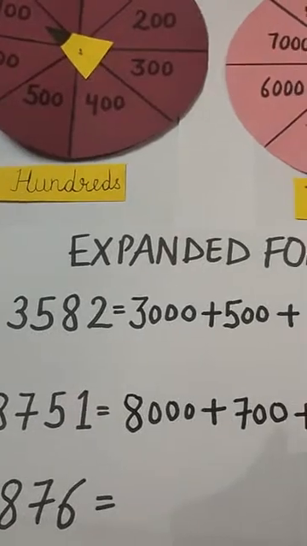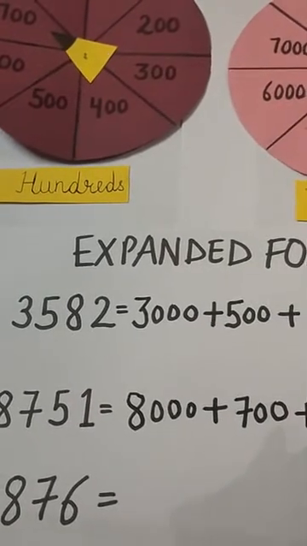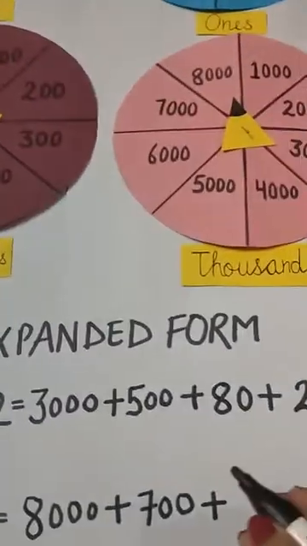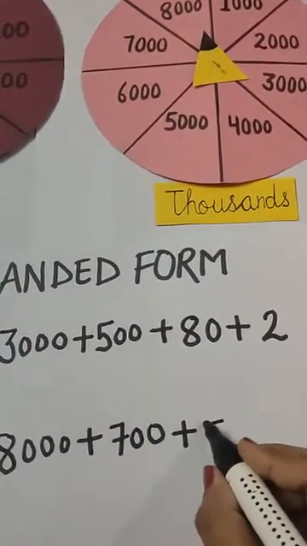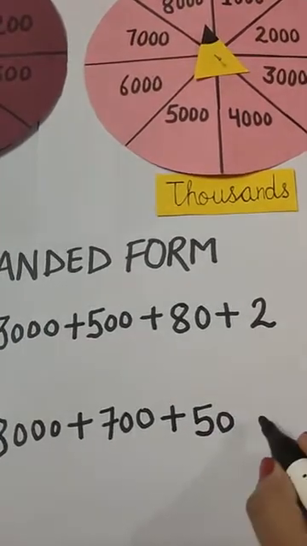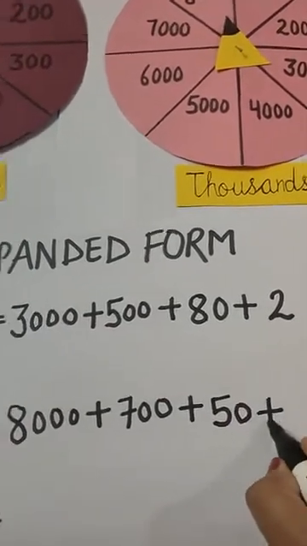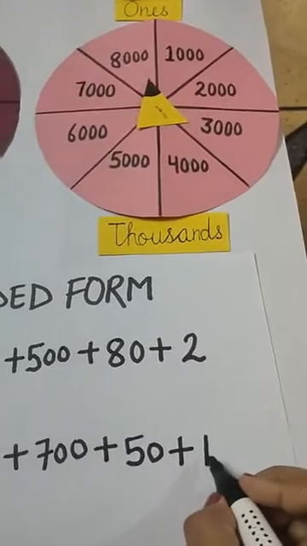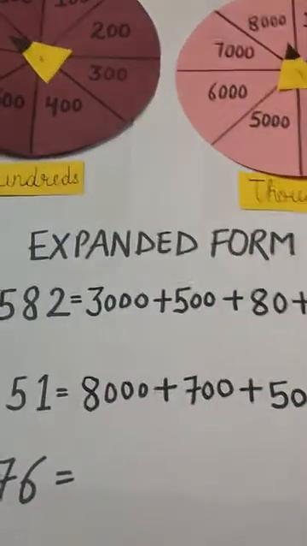Now we have this 5. Its place value is 50. So I have just written here 50. Next, in the plus I will write 1 only, because its face value is 1, ones place. So here I will write 1. Okay, I think it is clear to all of you?